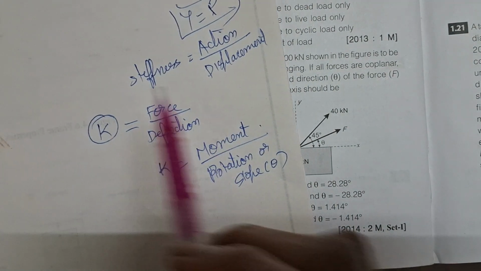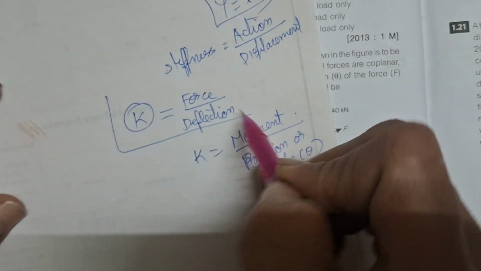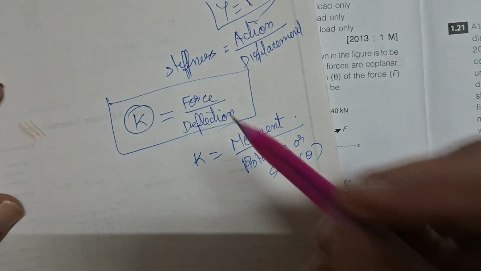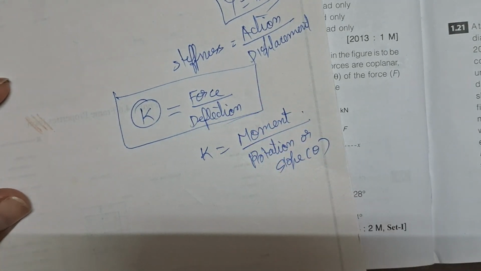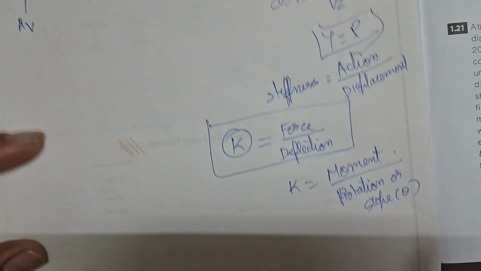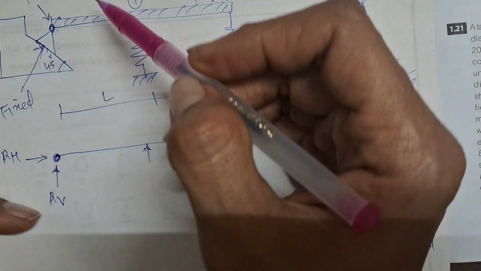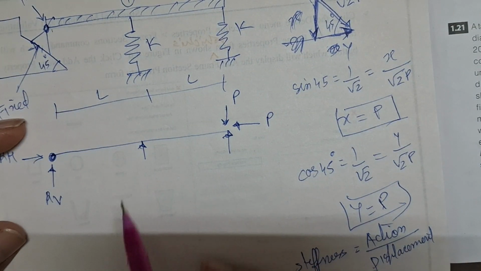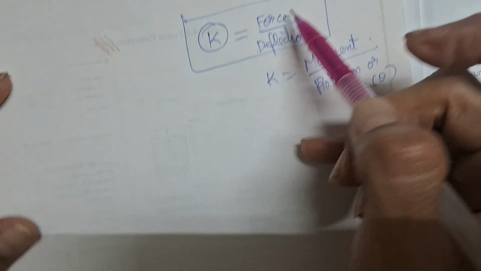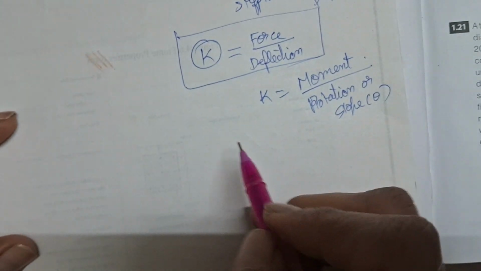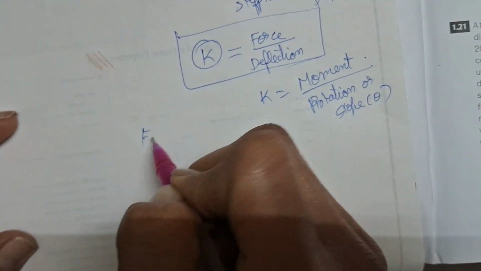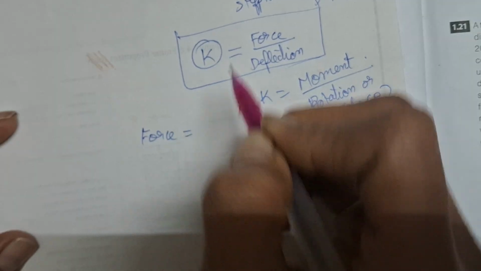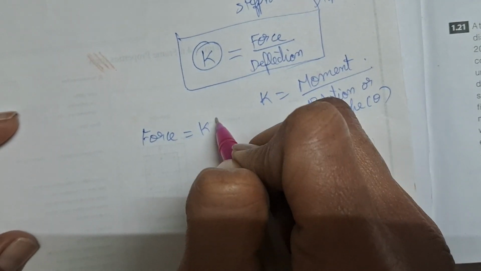So here we have to see K is equal to force upon deflection, okay. Now force, here you can see what is the force. Basically force is the reaction, the reaction itself is the force, okay. So force will be K into delta.